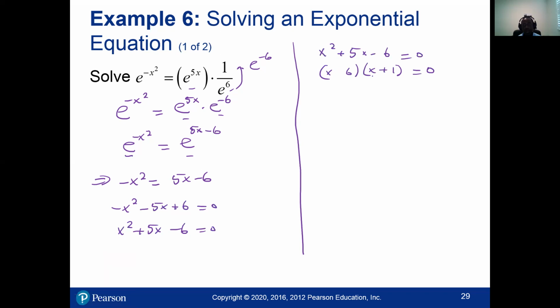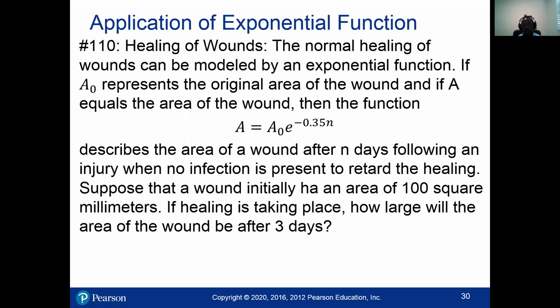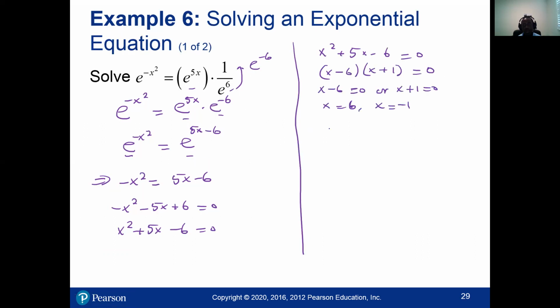If you set each of them to 0, x minus 6 equal to 0 or x plus 1 equal to 0, you have x is equal to 6, and then x is equal to negative 1. So what's my solution set? The solution set will be minus 1 and 6.